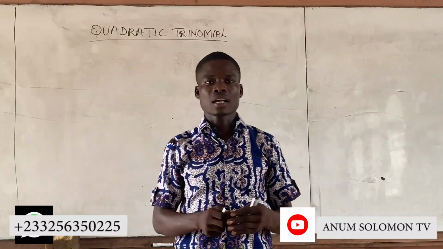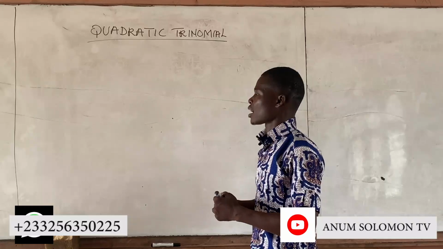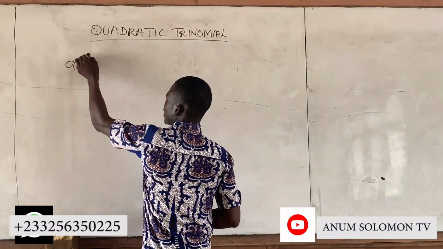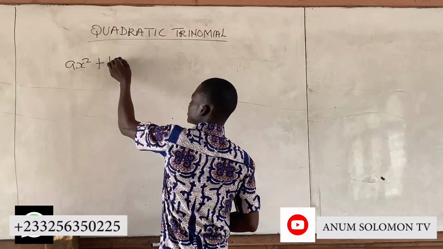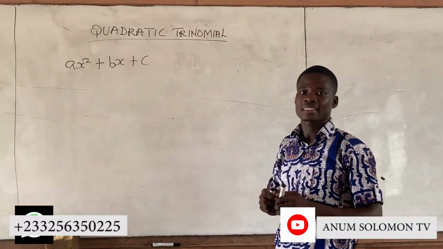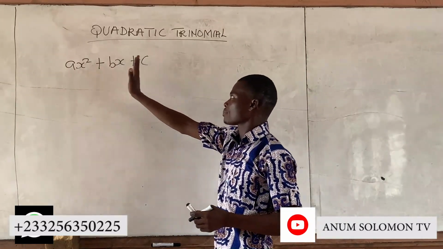So now let's look at the general quadratic trinomial format. That's ax squared plus bx plus c. So the general quadratic trinomial is given by ax squared plus bx plus c.